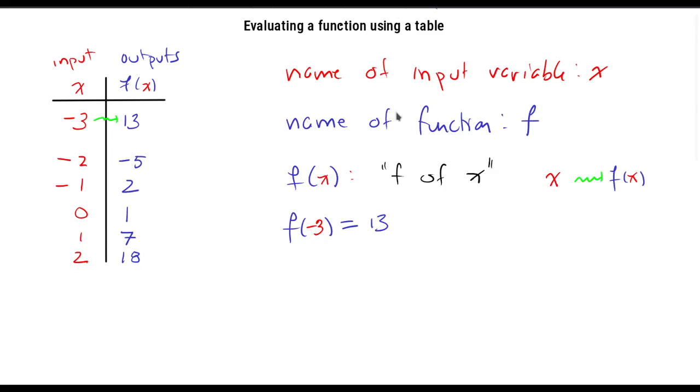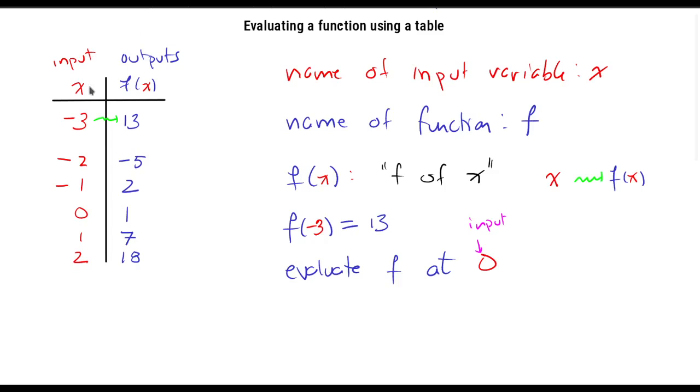All right, so now you try and evaluate f at 0. All right, so pause and evaluate f at 0, and then we'll discuss. All right, so hopefully you've thought about this one. So we're looking to evaluate f at 0. So the input would be 0 here. This is our input.